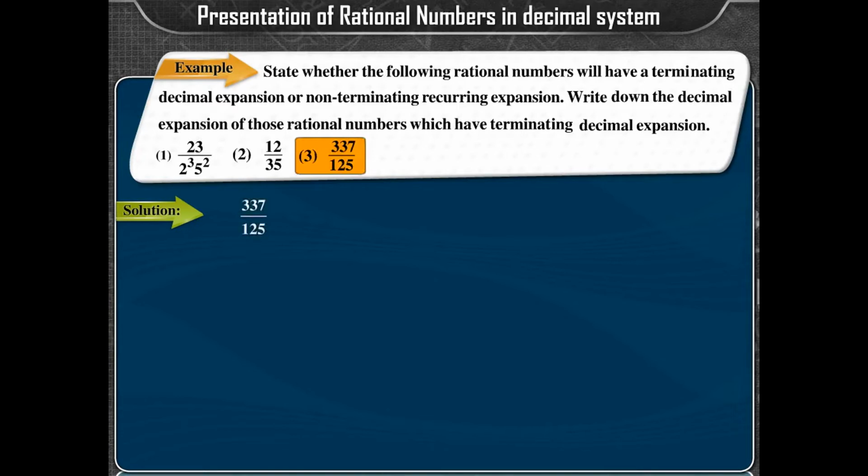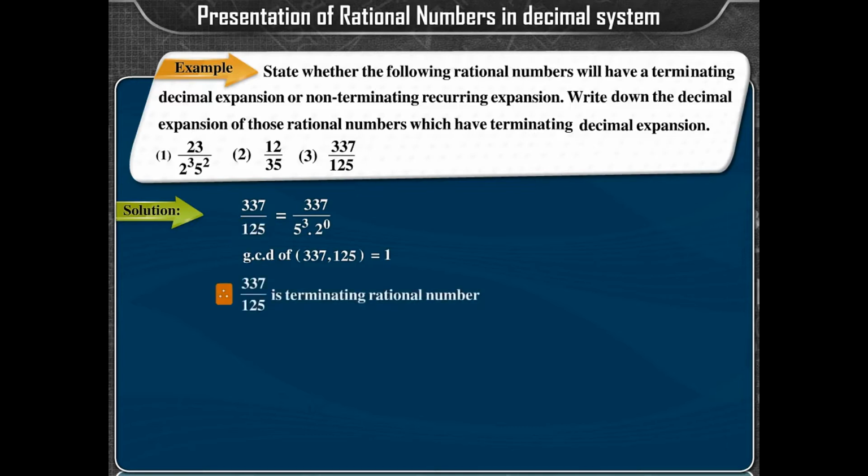In the third example, GCD of 337, 125 is equal to 1. We can represent the denominator in the form of 2^M, 5^N. 125 is equal to 5^3 into 2^0. Therefore, 337 upon 125 is a terminating rational number. To represent the given rational number in decimal form, multiply and divide it by 2^3.